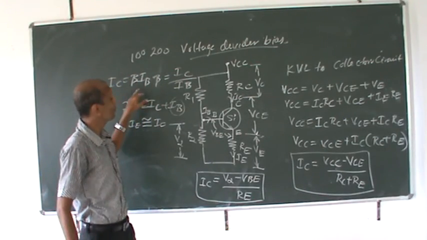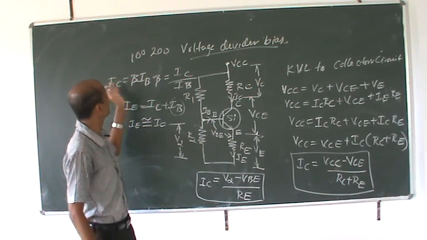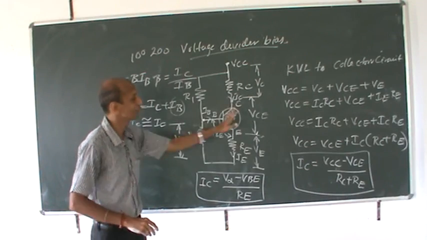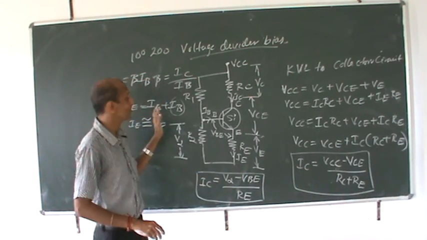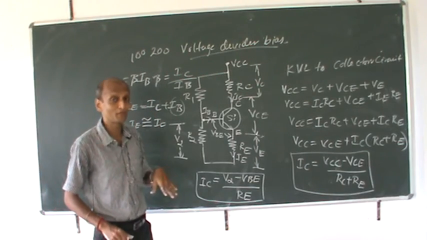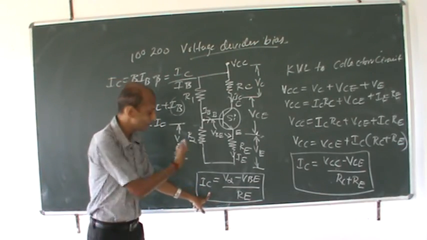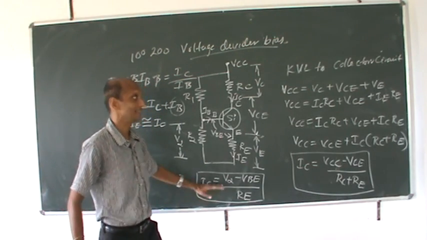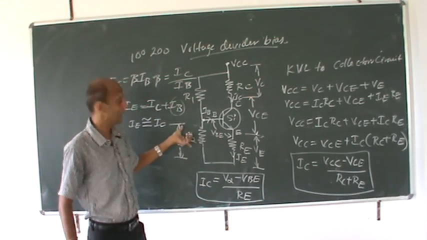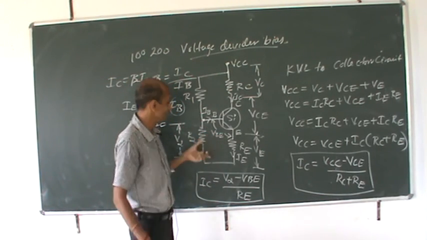So the beta value is very important in terms of finding out the different things. If you know IB, you can calculate IC also, without going through all these formulas. IB usually won't be given, though sometimes in some problems they will give IB. If they don't, you can go through all these steps to calculate your IC by finding the voltage drop across your input resistance, the base to emitter circuit resistance.